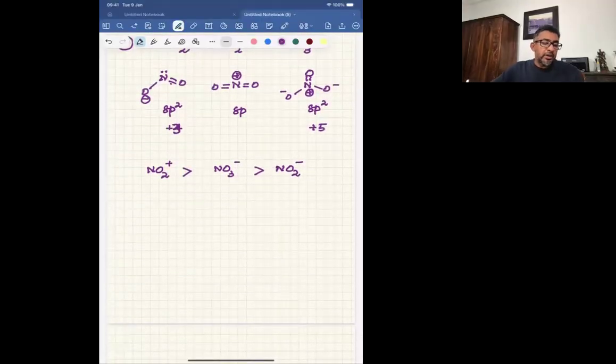Next, 6. What is this? NO2F, with a dative bond, plus and minus, F. NH3.